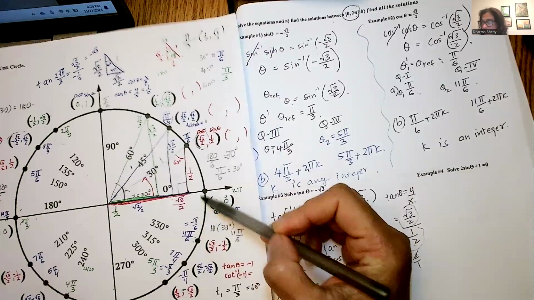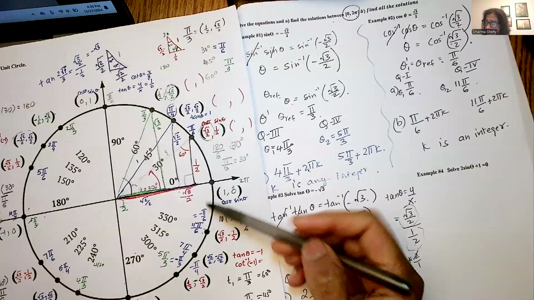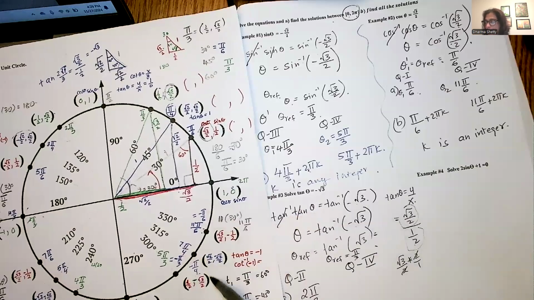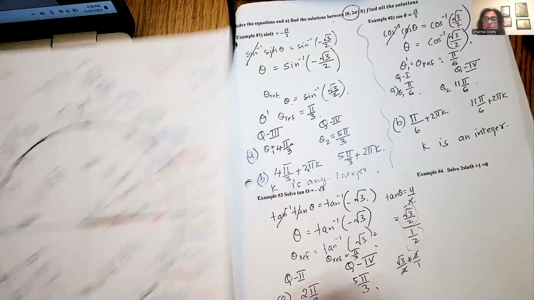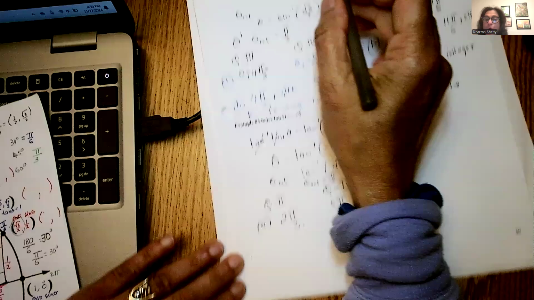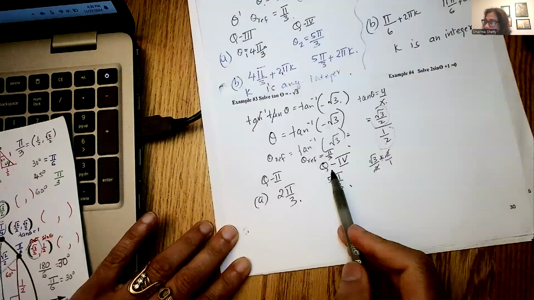And then in the fourth quadrant, it will be 5 pi third because y is negative over this. So it is 5 pi third. So this is my first step to figure out all angles where tangent is negative square root of 3.